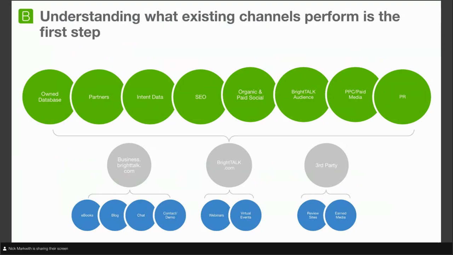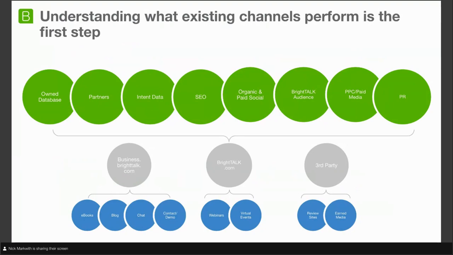I think part of the strategy, as you're looking to create your own strategy, is understanding what channels are currently performing well for you, and I'll talk about what that means in a bit. But also looking at ways to test new channels and really focusing on this process of measuring, testing, and optimizing, which we'll cover in a bit.